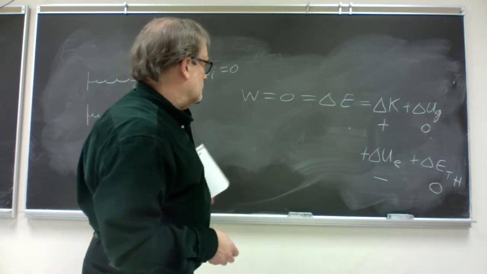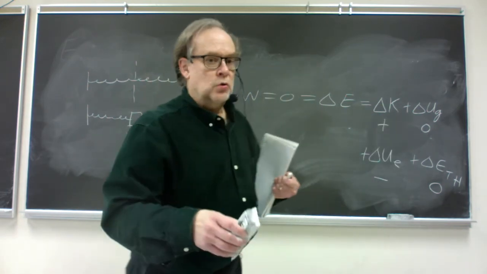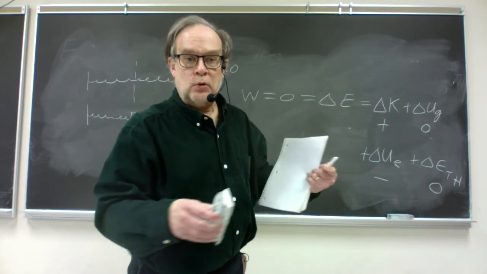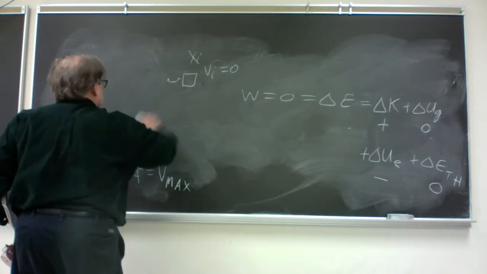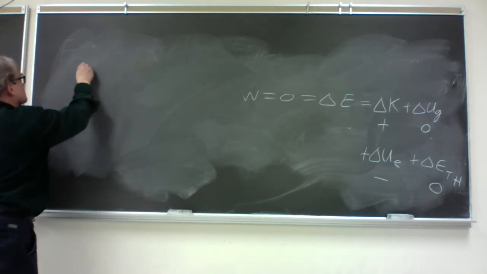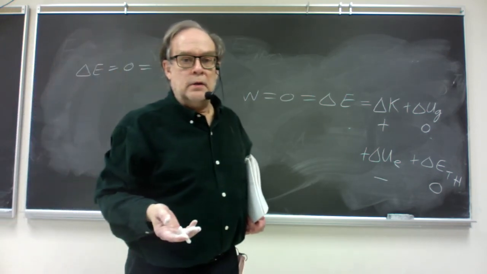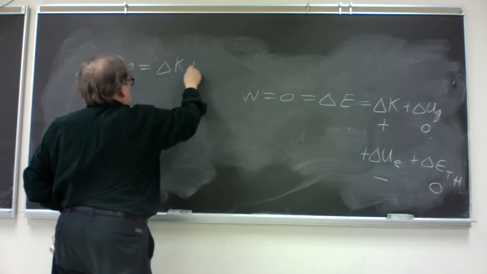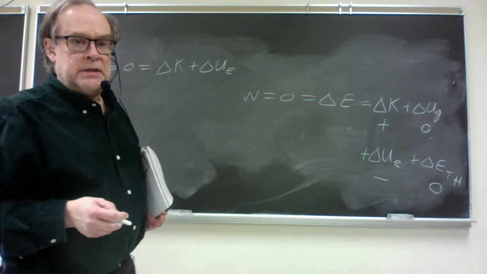So now, what have we got for this equation? To see what this equation really means, let's write it out in complete detail. Delta E is 0, and then we have to include only the non-zero terms on the right-hand side, so that's delta K plus delta elastic potential energy.